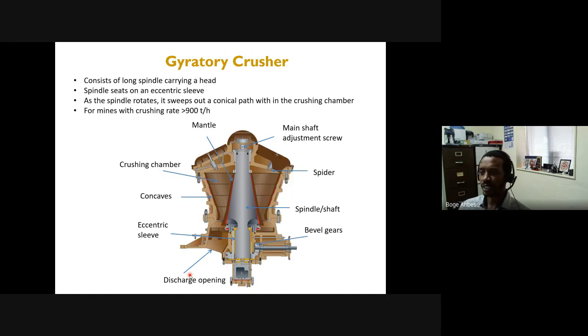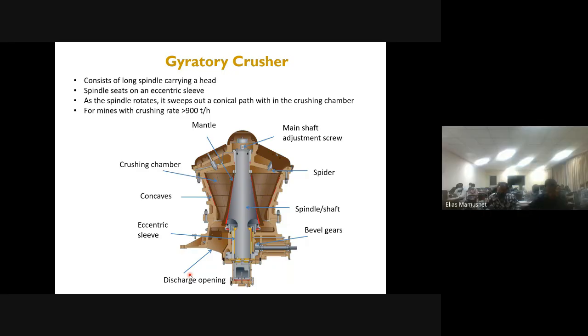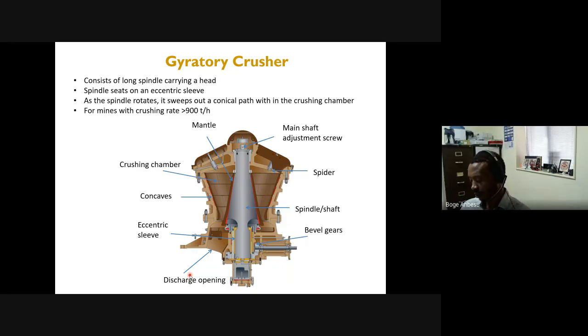gyratory crusher is probably the capacity. So if I have a very large operation, say over 1,000 tons per hour, probably a gyratory crusher is more suited, because jaw crushers operate for maybe a capacity of about 450 tons per hour. If you have a very large operation, then gyratory crushers are more useful, because you can go up to 3,000, 4,000 tons per hour operation.